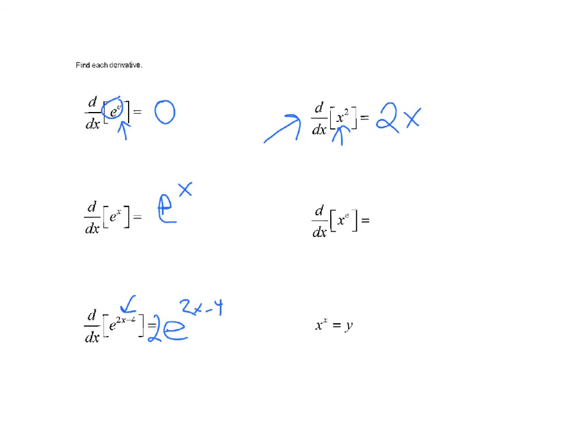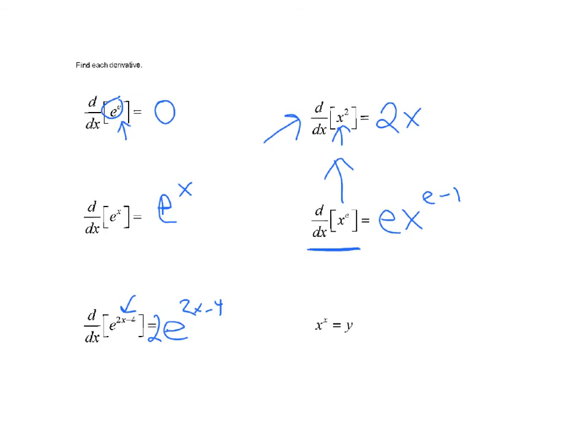The variable is in the exponent. Now this guy right here, x to the e, is exactly the same idea as this guy up here. So you bring the power down and you subtract 1 off. It's a decimal. I'm going to leave it as e minus 1 so that I don't have to write a crazy decimal, because it's more exact the way I wrote it.